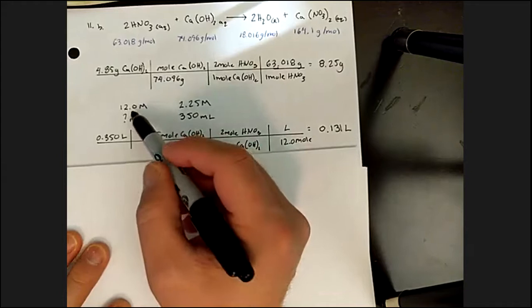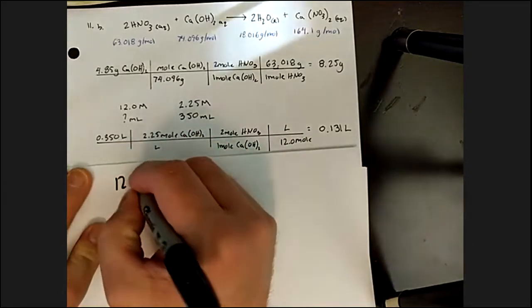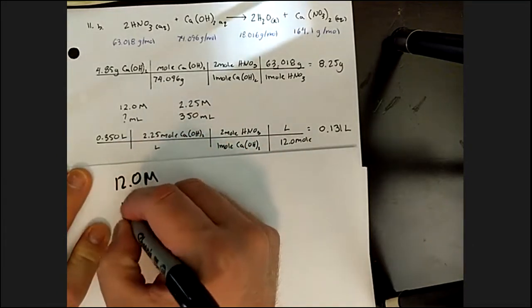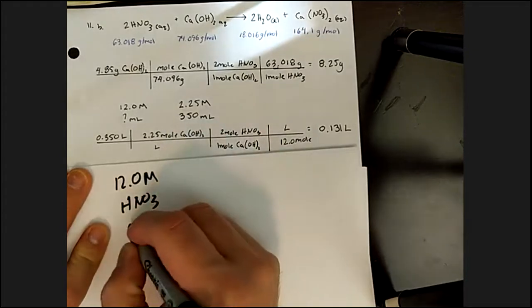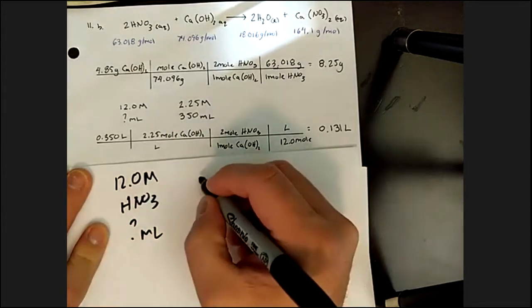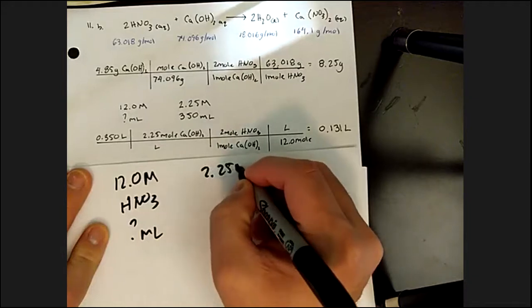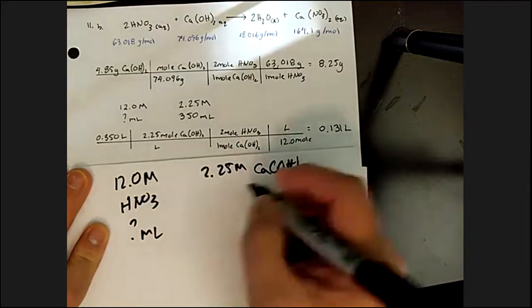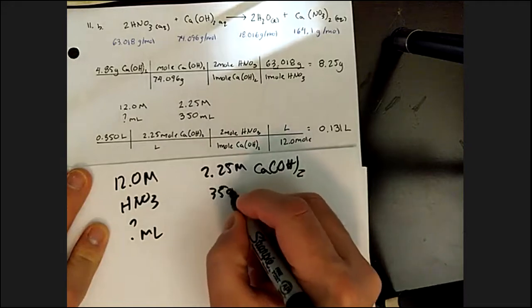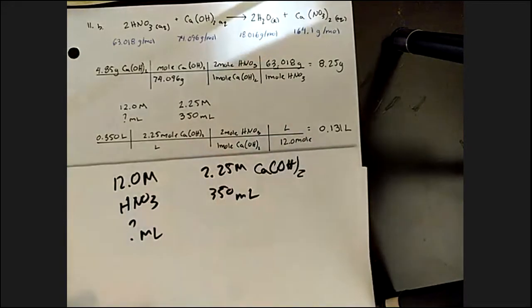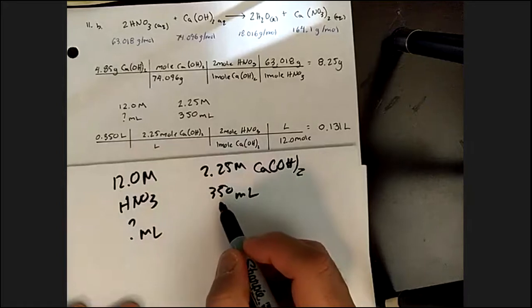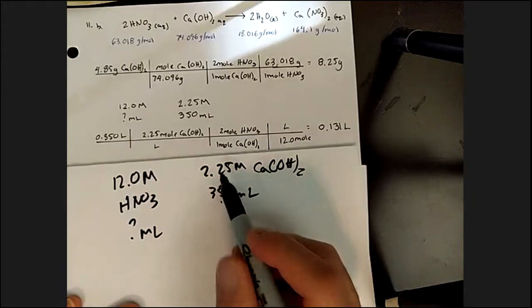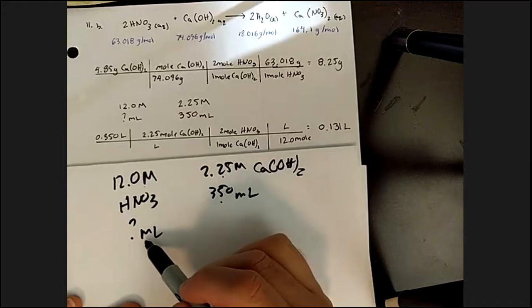It's just here we're told we have 12 molar HNO3 and we have 2.25 molar calcium hydroxide, which we have 350 milliliters of. So we have the volume, we have the molarity, the second one, we just don't have the volume.